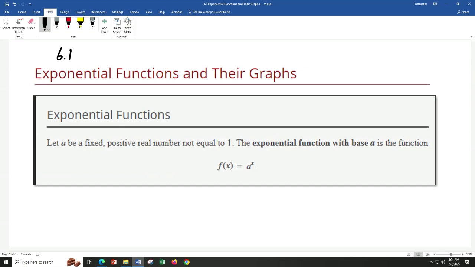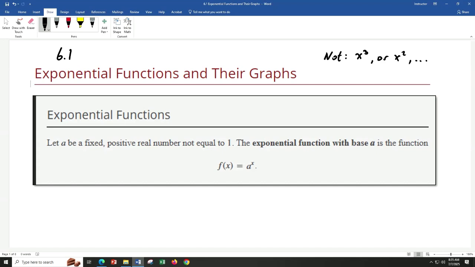This function is not to be confused with some of the other ones you've seen. This is not x cubed or x squared or so on and so forth. It is not one of them, because notice on those, it's the x value that changes, but the exponent stays the same.